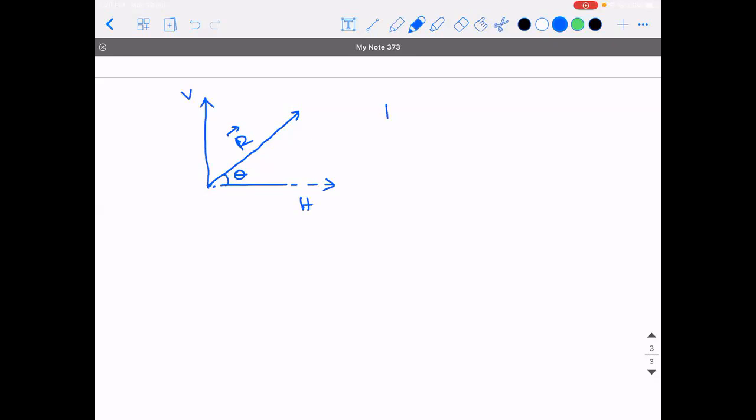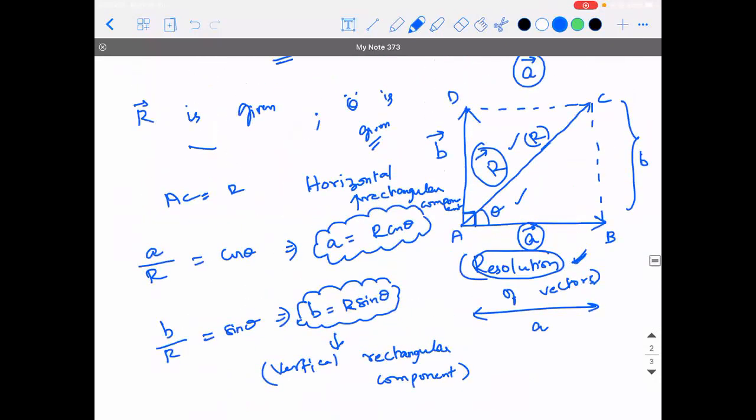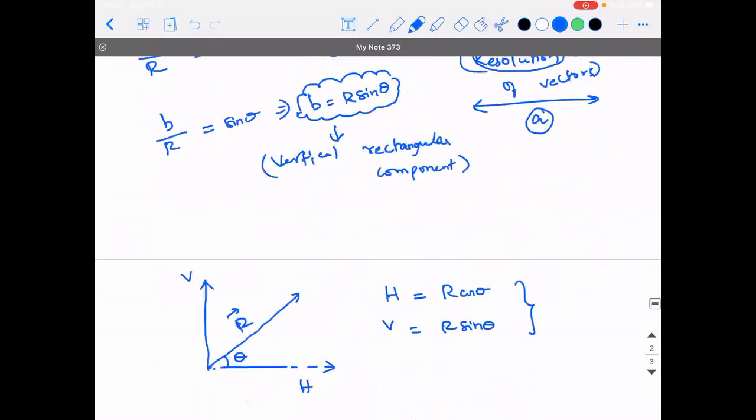Right. So in this case, what will be the value of the horizontal component? Horizontal component will be r cos theta and the vertical component will be r sin theta. If you're asked to do this kind of process every time, it is going to be tedious, taking a right angle triangle and breaking it down into components.